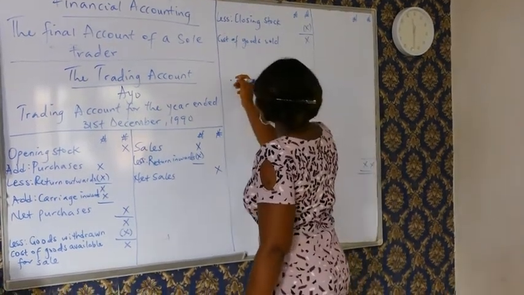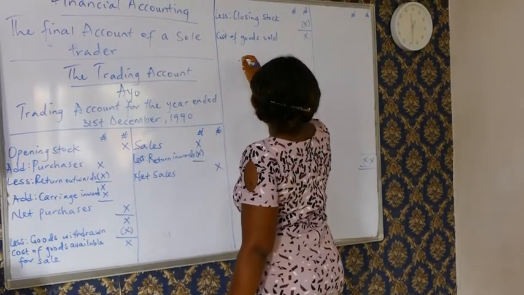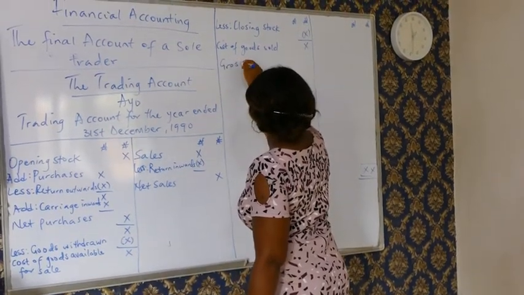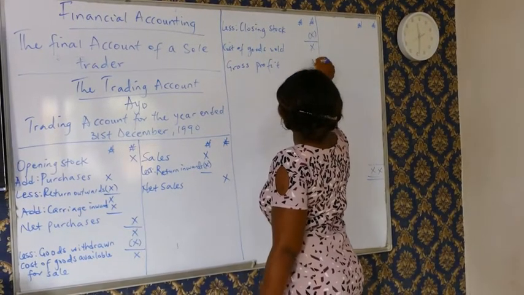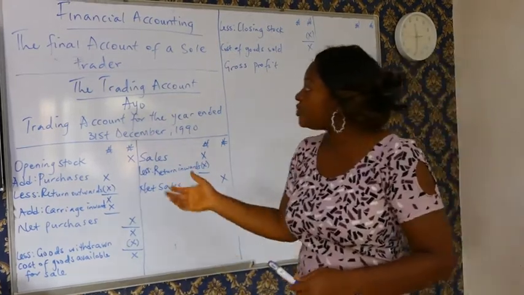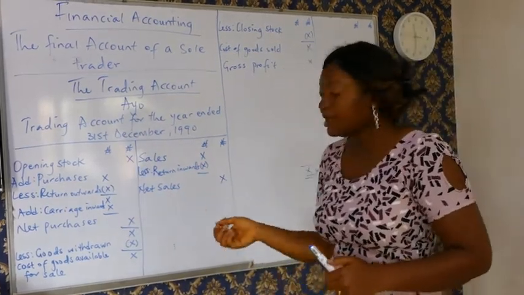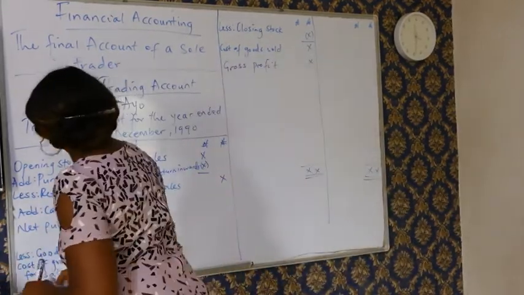And then it means we have our gross profit. This is how to prepare the trading accounts. And then we'll look at an example. We'll look at an illustration.